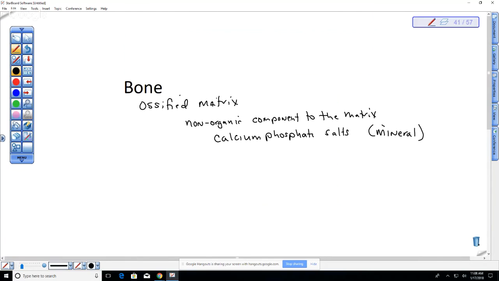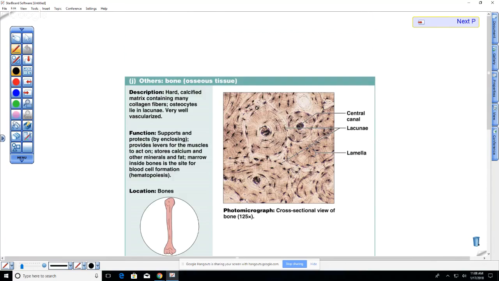So we're going to talk more about the structure of bone in lab this week. But one of the interesting things about the bone, compact bone specifically, is that it has this interesting arrangement. And this arrangement allows for blood to come into the tissue.